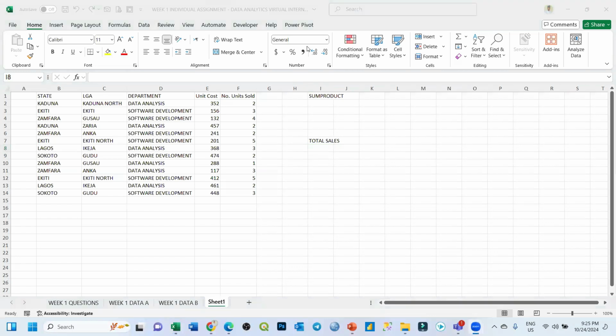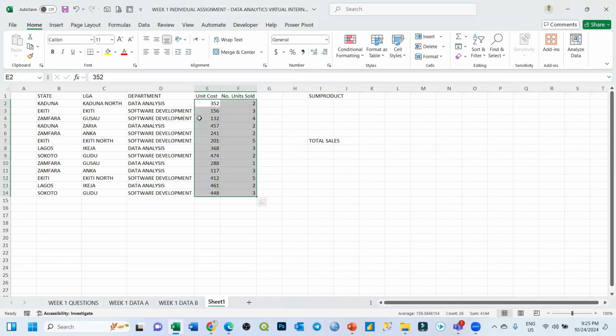For this SUMPRODUCT, if you are not applying it and you want to know the total of this, you need to do multiplication and later sum. But with SUMPRODUCT, all you need is to highlight this data and you will get the sum of all this.